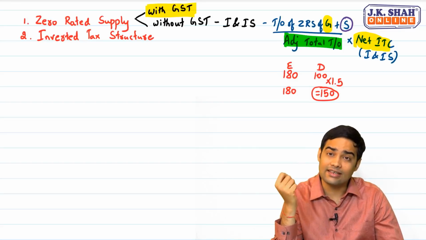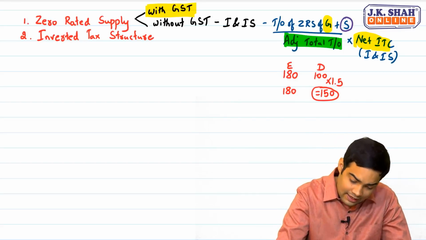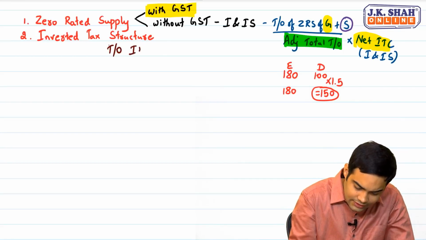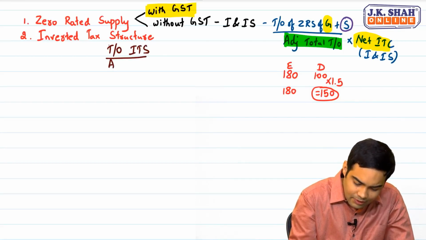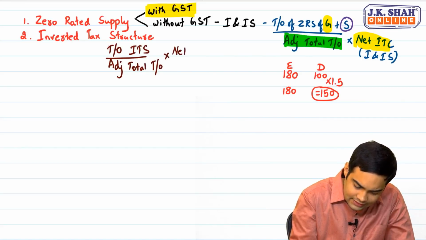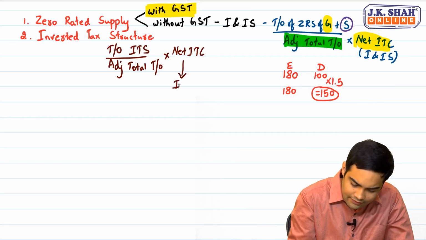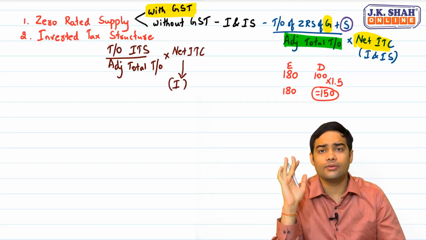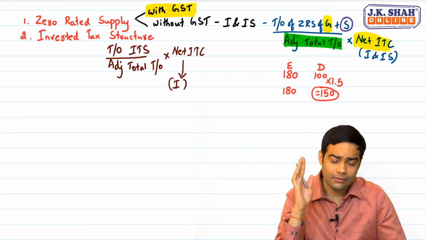Now government has given a formula for this as well, and the formula goes like this: turnover under inverted tax structure divided by adjusted total turnover into net ITC. The worst part is this net ITC will be only inputs, not capital goods, not input services, only inputs.